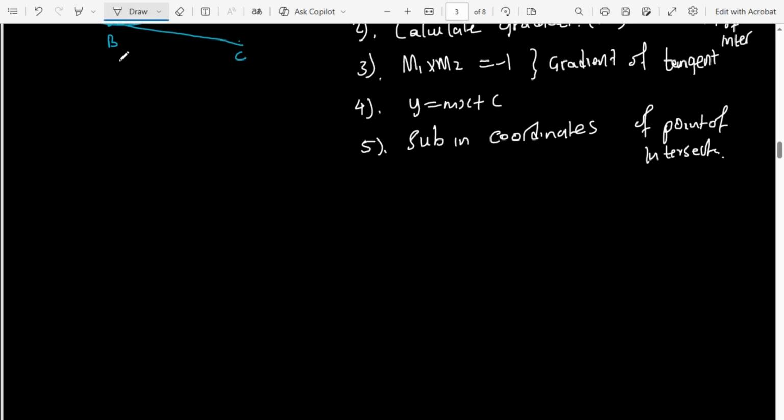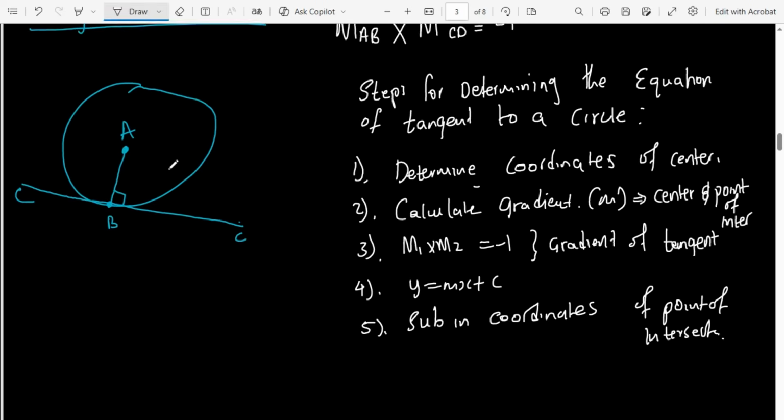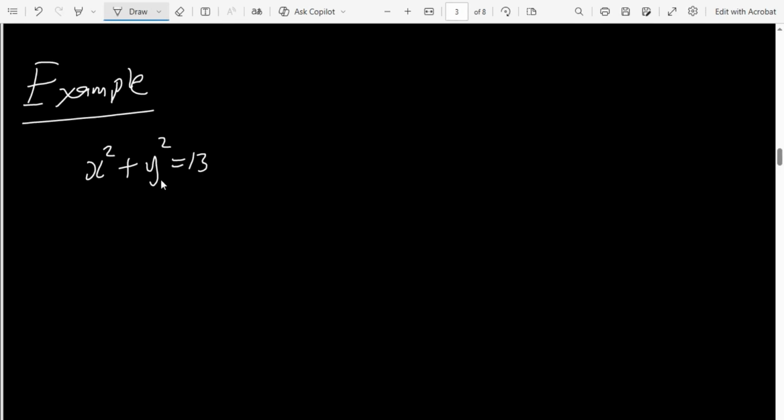Let's work on an example so that these steps can make sense. So let's say that we have x squared plus y squared is equal to 30.